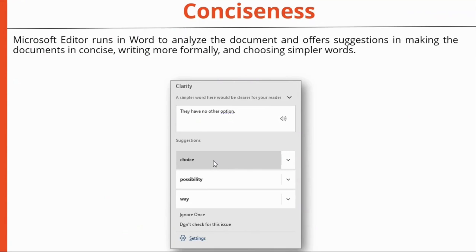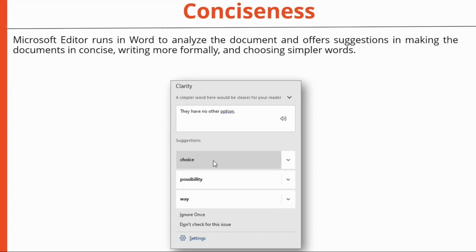See, big words or big terminologies will never make your document better. But if your document is concise, if your sentences are proper, and it has simpler words, it will be easier for understanding purposes. Microsoft Editor is an application which is available with a Microsoft Office 365 subscription.